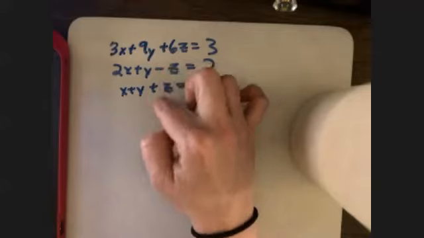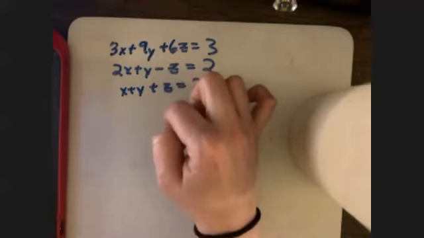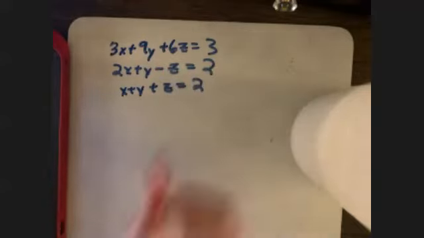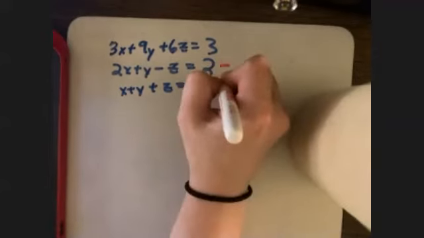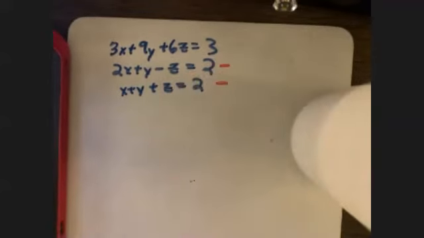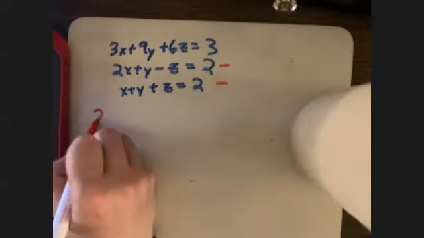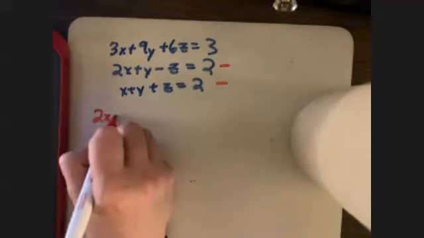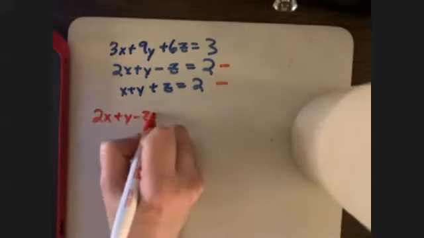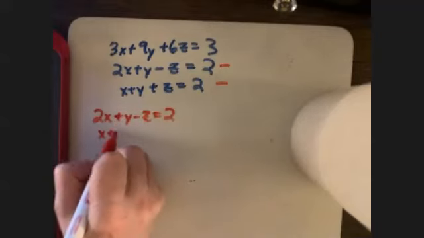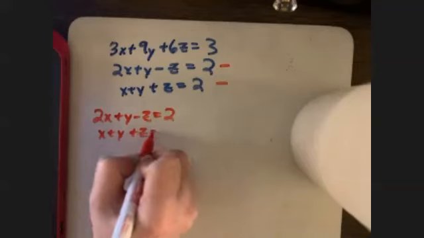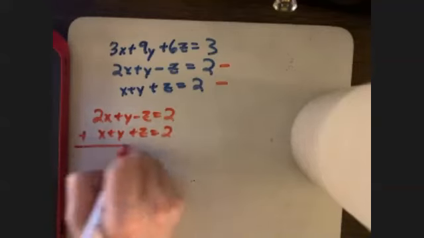I do like the fact that right here I've already got a minus z plus z. So what I'm going to do first is take this one and this one, and partner pair them together. I don't have to change anything with them, okay? So I'm going to do this in this kind of red color. Hopefully it comes across as red. And we're going to add these up.